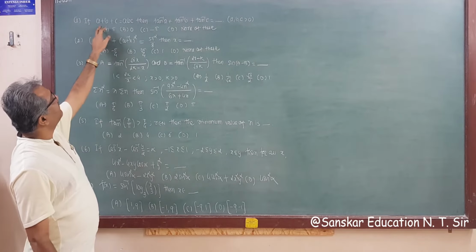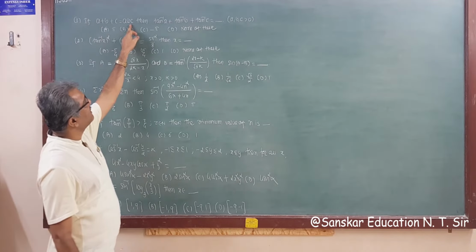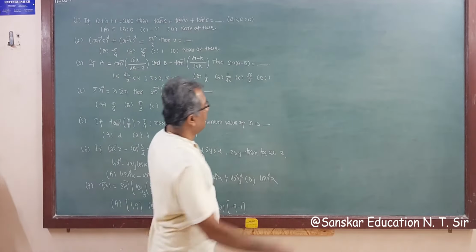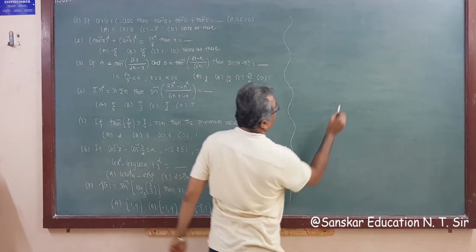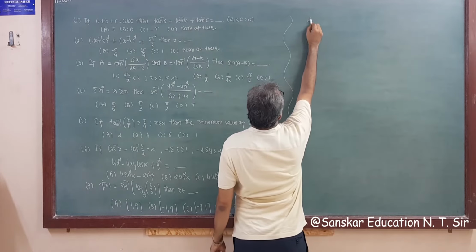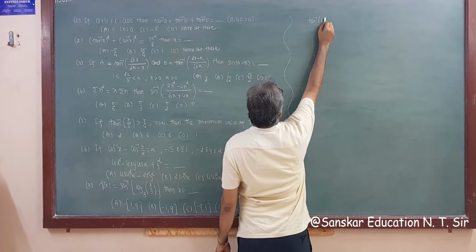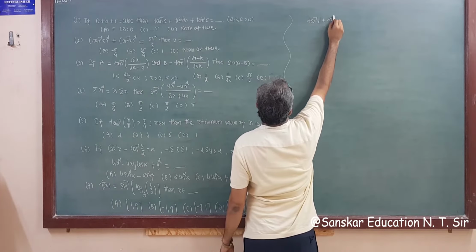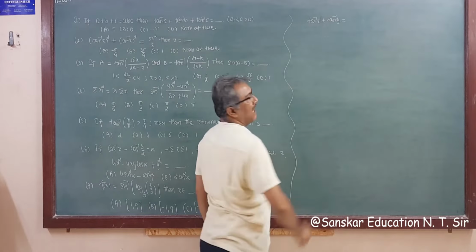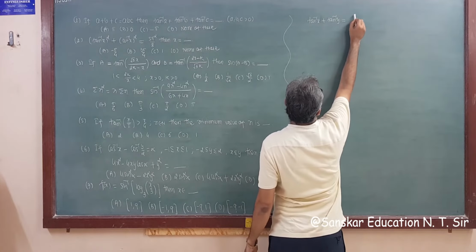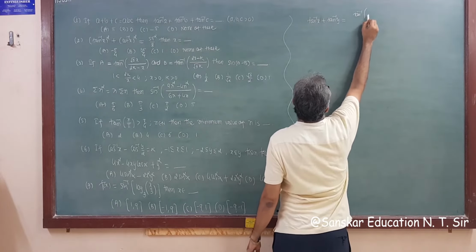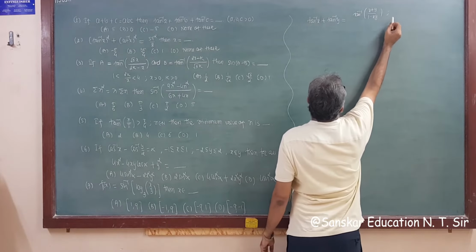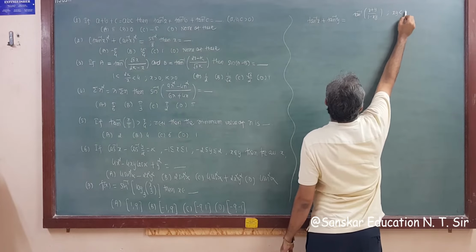So this condition is given: a plus b plus c is equal to abc. Now for tan inverse a plus tan inverse b, you have three options. You have the formula: tan inverse x plus tan inverse y is tan inverse of (x plus y) upon (1 minus xy) if xy is less than 1.